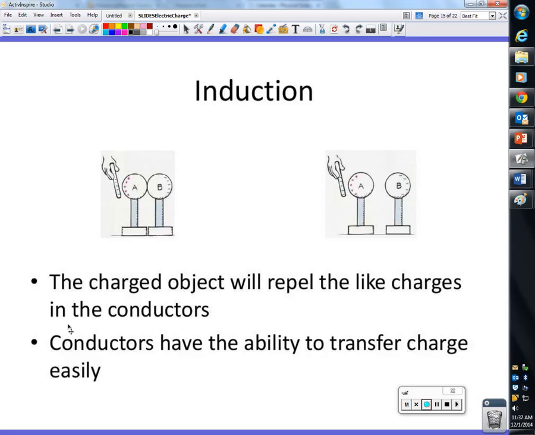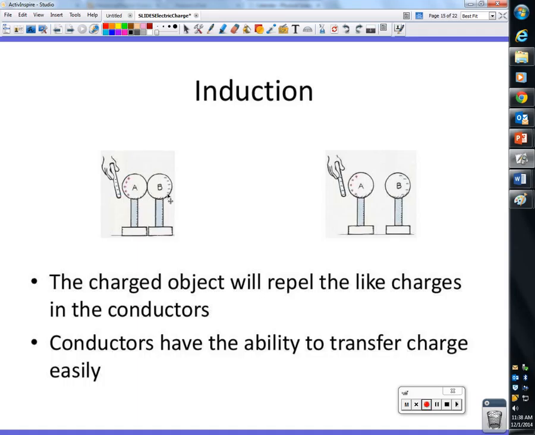Okay? This is induction. We brought a negatively charged object, some cylindrical rod like we were using in the lab the other day, right? We brought that negatively charged cylindrical rod over here. What do all the negative charges do? What do like charges do to each other? Like charges will repel each other, right? Same charges repel.